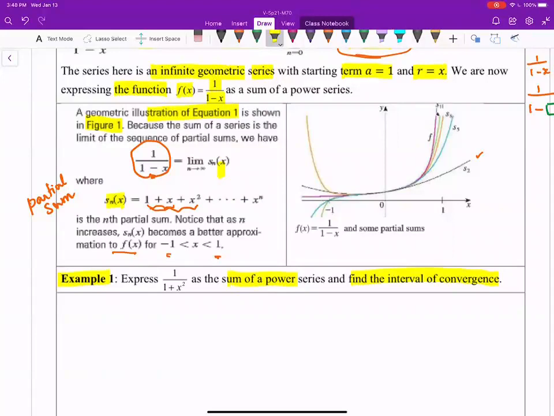So we are going to represent this 1 over 1 plus x squared as a sum of power series. And in the last section, we learned what we mean by interval of convergence. That means for what values of x will this series be convergent. So let's take this 1 over 1 plus x squared.